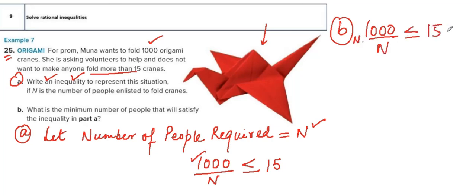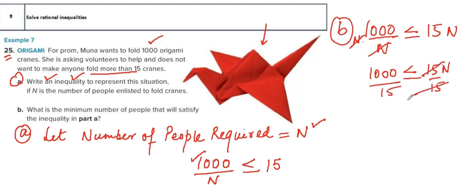Multiply n on both sides, n and n cancel out. 1,000 is less than or equal to 15n. Divide by 15 on both sides, and 15 and 15 cancel out. If you divide 1000 by 15, I think this is 66.7 less than or equal to n. So n is greater than or equal to, swapping it, 66.7.